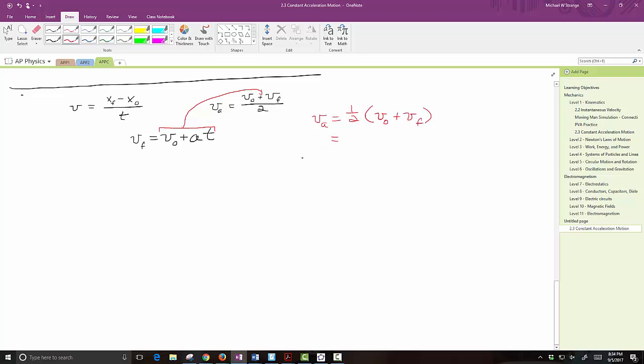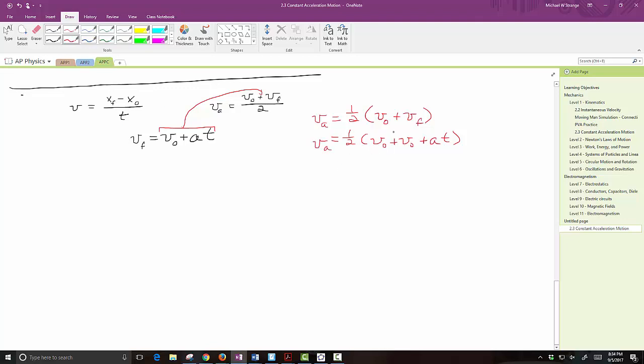So let's go ahead and substitute it in. So I get 1/2 of V naught plus V naught plus the acceleration times time. Anyway, so this is the average velocity.